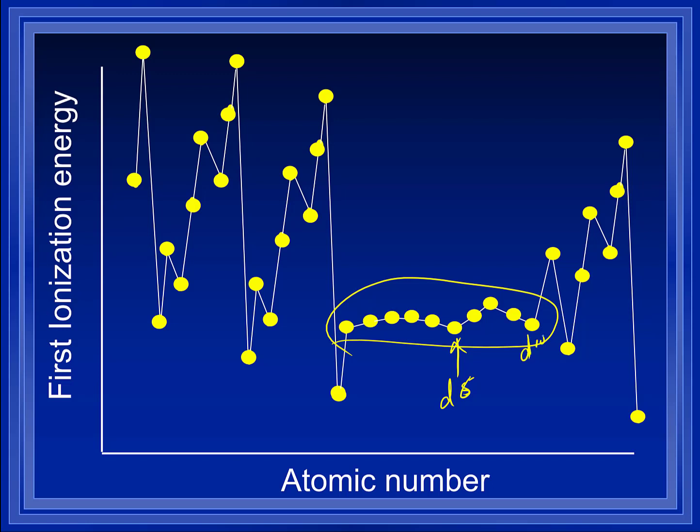Hard to break up D10. Oh, no, D10's up here. Hard to break it up because it's full. And then easy to break it up, harder, down, up. So it goes up, down, up, down, up, down, up, down, up, down.